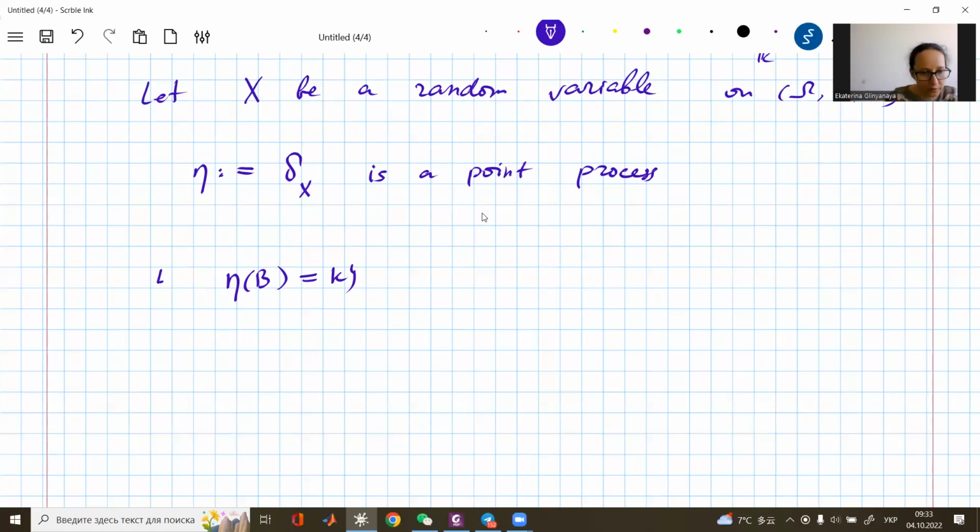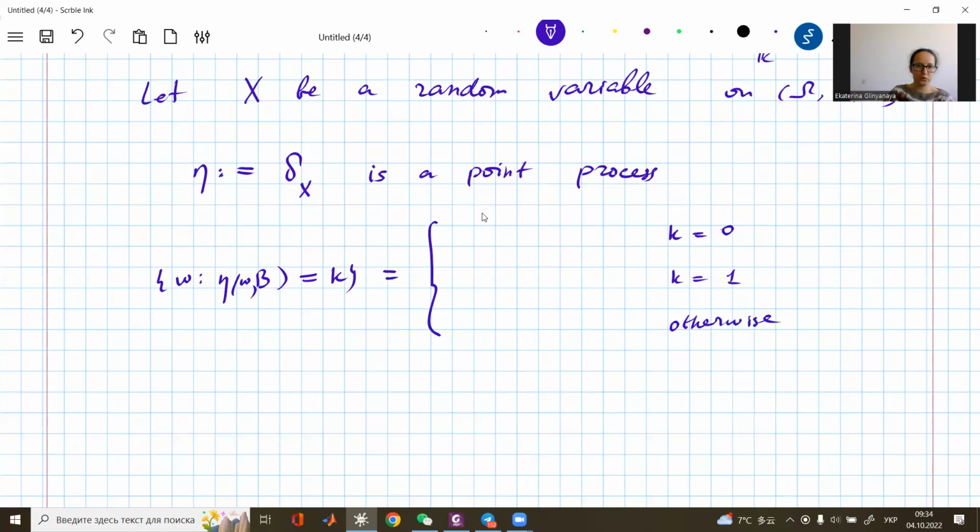I can write more precisely the points omega such that eta, so we have two variables, is equal to k. We can consider cases: k equal to 0, k equal to 1, and otherwise.